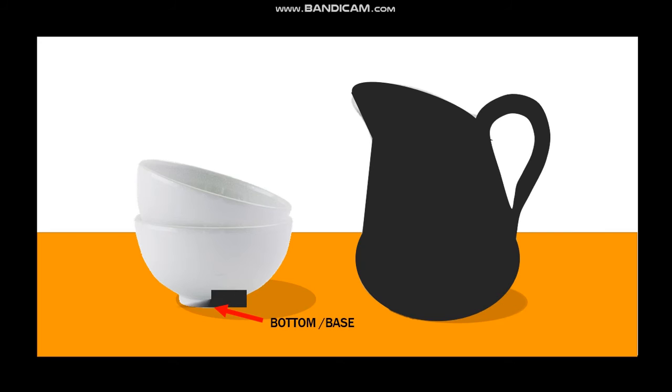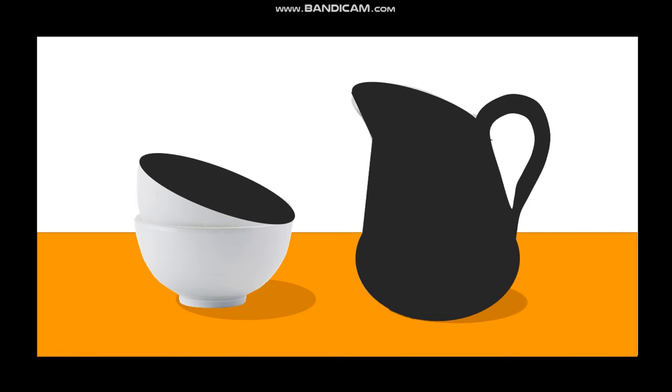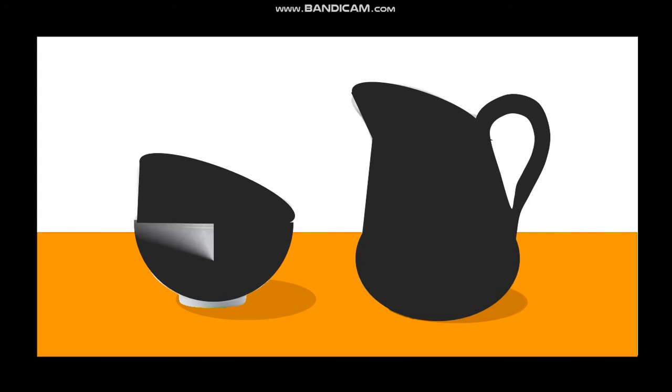So I'll be using a rectangle for the base of my bowl. In putting them together, I'm getting my oval, my triangle, my semicircle, and my rectangle. And this gives me the contour for those two objects.